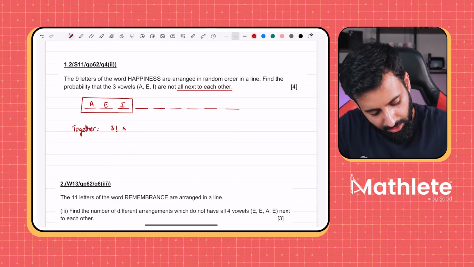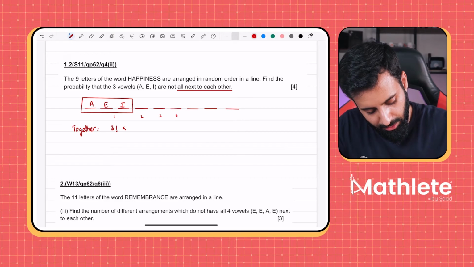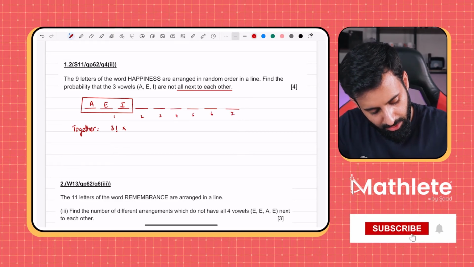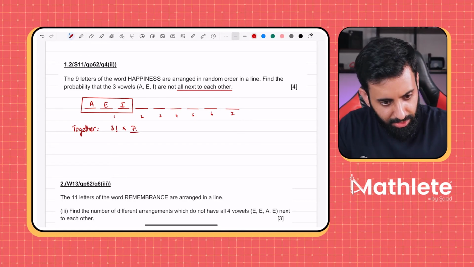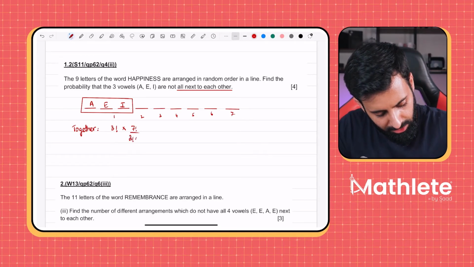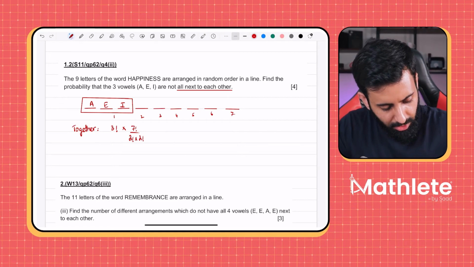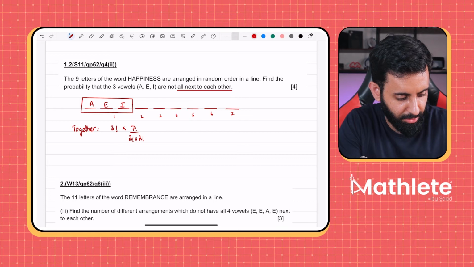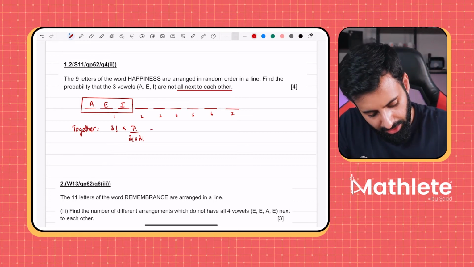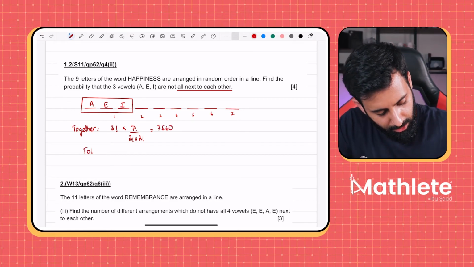Into 1, 2, 3, 4, 5, 6, 7, so 7 factorial, but be careful. There are repeating letters. I can see P is being repeated twice. I can see S repeating. No other repetition. Let's work this out. 3 factorial into 7 factorial divided by 4. So we're looking at 7560.